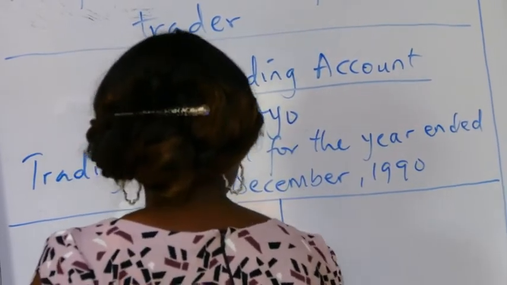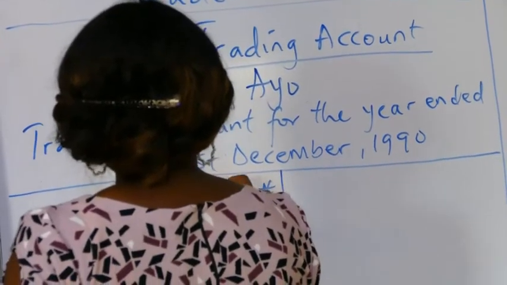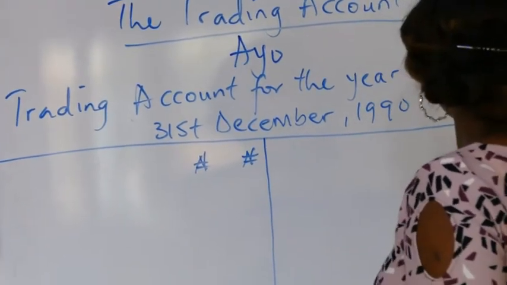Draw the ledger. Put the 2 naira sign on the debit side and also on the credit side.